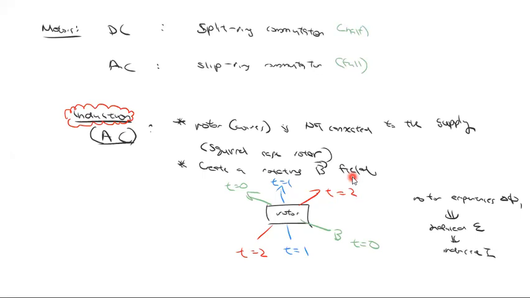And therefore, you will now have current flowing in the rotor. And because the current is flowing in the rotor, it will experience a motor effect because it's still in a magnetic field. So you'll have current in a magnetic field. From the motor effect, it will experience a force and start to turn.